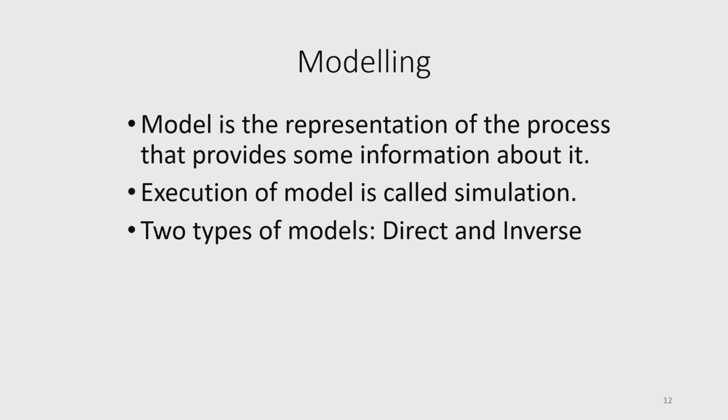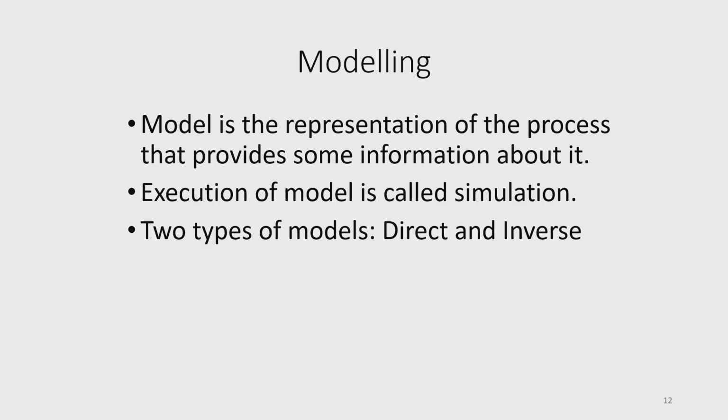Now talking about the model, which is the very basic thing. As I told, a model is the simplest thing. A model is the representation of the process that provides some information about it, and execution of a model is called simulation. Two types of models are there, direct and inverse. A direct model means you give the input and you get the output. An inverse model means you know the output and then you guess what the input must be.